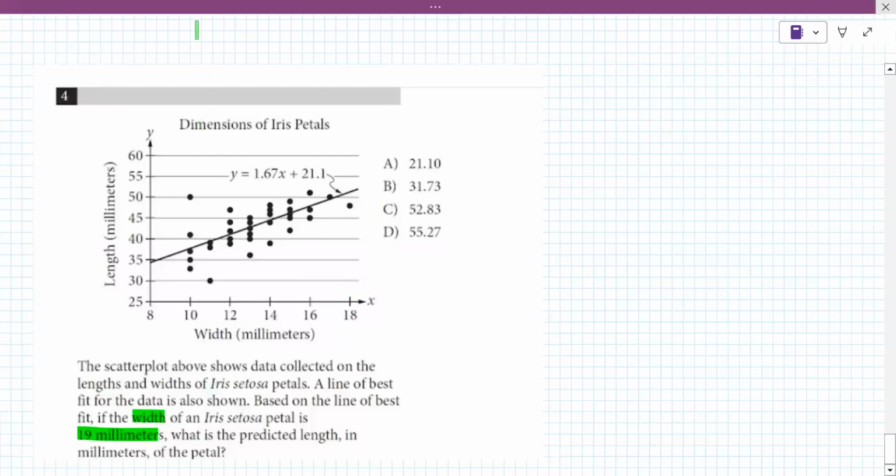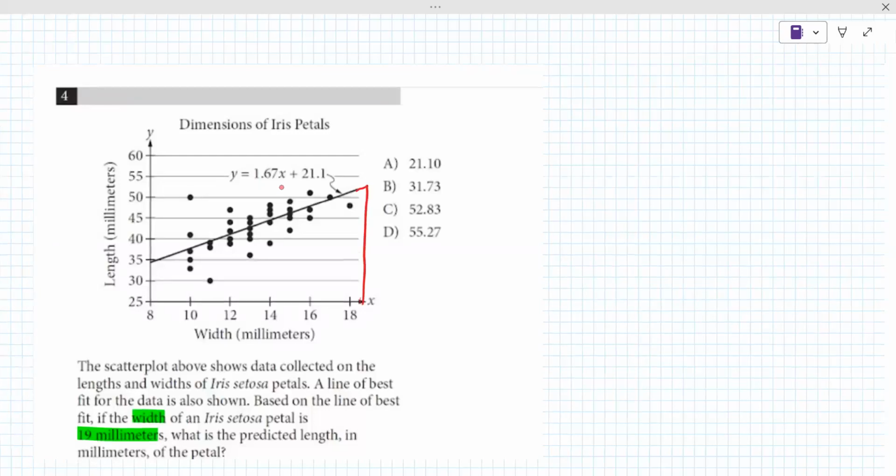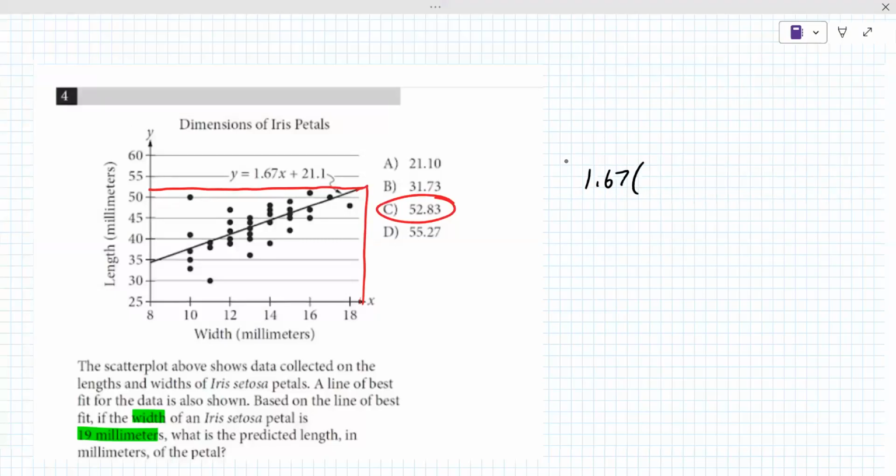You can use the equation, or you can just guesstimate, it's probably about there, and that's about 52. Yeah, that's what I did. Or you could say, okay, it's 1.67 times 19 plus 21.1. Gotcha.